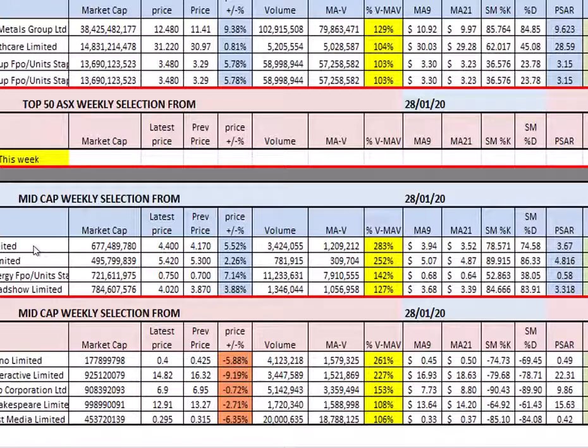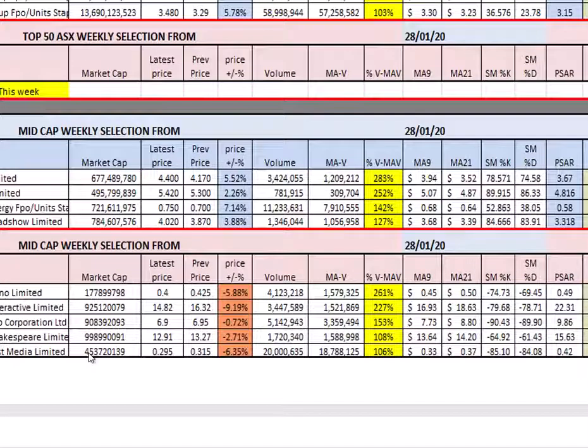However, you may want to buy the shares directly if you want to go for the long term as well. But this is for the aggressive trader. And if you want to go bearish, this company here, Cardno, had 261% of its average volume, and it's dropped nearly 6%.